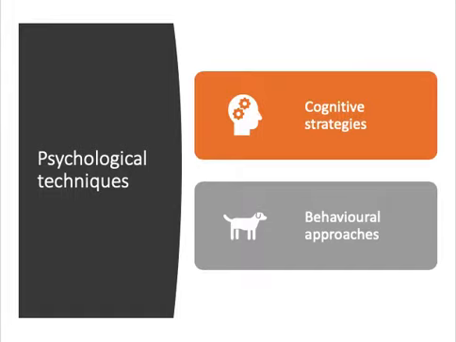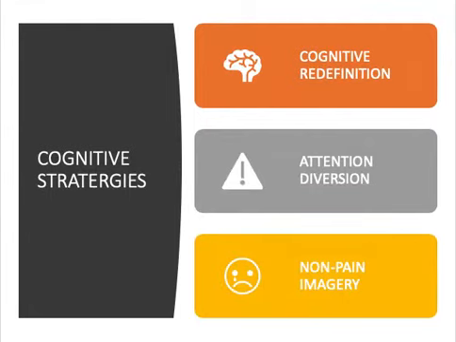So operant conditioning, basically, if they feel like they are in pain, basically punishment and rewards. Okay, so behavioral approaches. But in the syllabus, we're only going to look at cognitive strategies. We're looking at 3 methods under cognitive strategies: cognitive redefinition, attention diversion, and non-pain imagery.